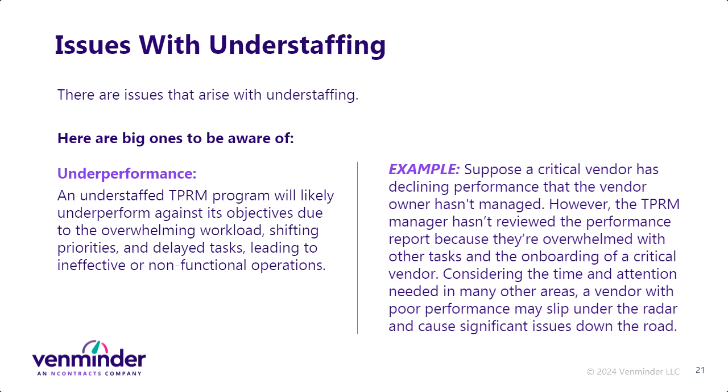Okay, so while it's really easy to say all the reasons that we might need extra people, it's just as important to understand what happens if we're understaffed. One of the biggest issues that can arise is underperformance. If we have too much work on our plate, too many things to do, something's going to give.